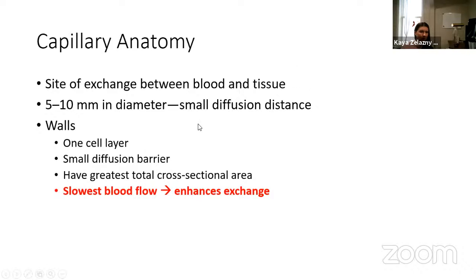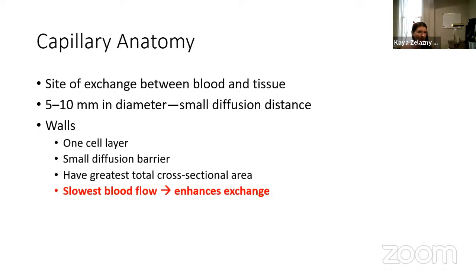Okay, so this is our sort of caveat on size. So while they do have a small radius, we're going to see that they have the greatest total cross-sectional area. So individual capillaries are really small, but all the capillaries grouped together in a region, in an organ, or in your body, if you add up their diameters, they become really big.